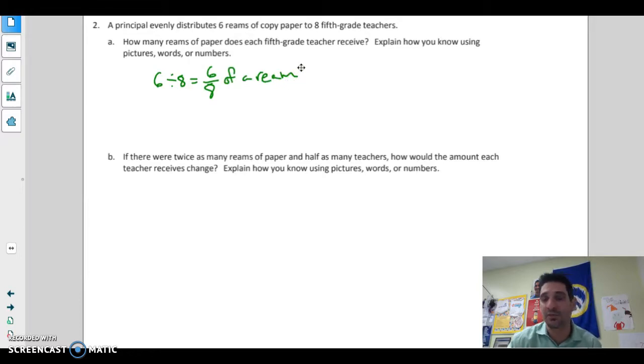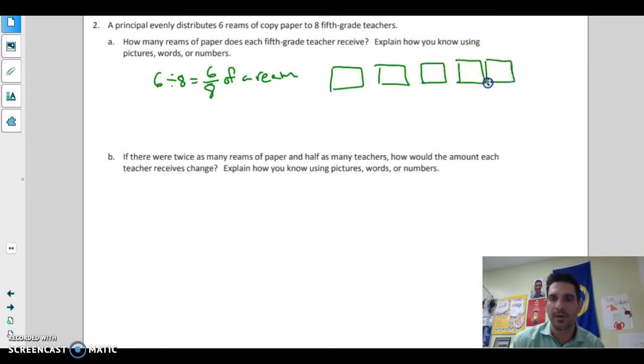You could say it's also 3/4 as well. You could also draw a picture. So if I draw 6 reams, 1, 2, 3, 4, 5, 6, and then cut this into 8s, I'm not going to cut them because you'll never see my work.